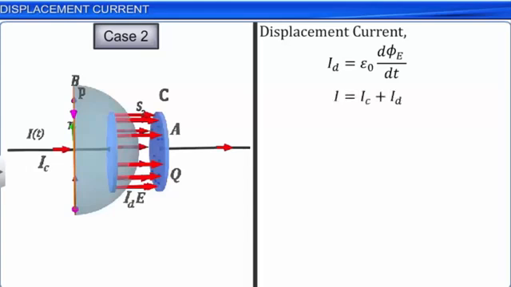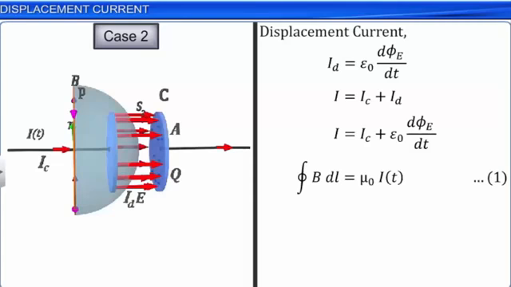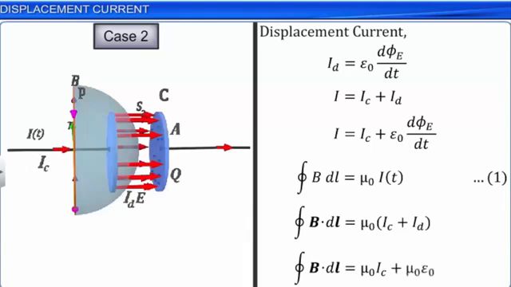Now, Ampere's law can be written as the integral over the closed loop of B dot dl is equal to mu naught into (IC plus ID), that is, the integral over the closed loop of B dot dl is equal to mu naught IC plus mu naught epsilon naught into d phi E by dt. This is known as the Ampere-Maxwell law. Let this be equation 8.